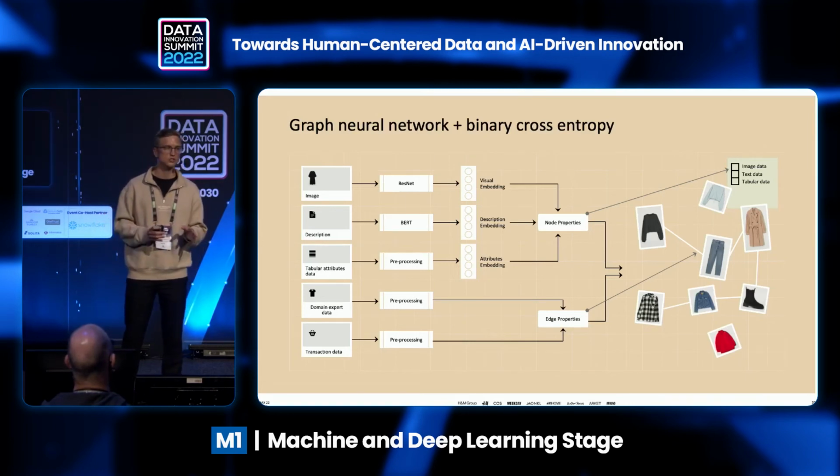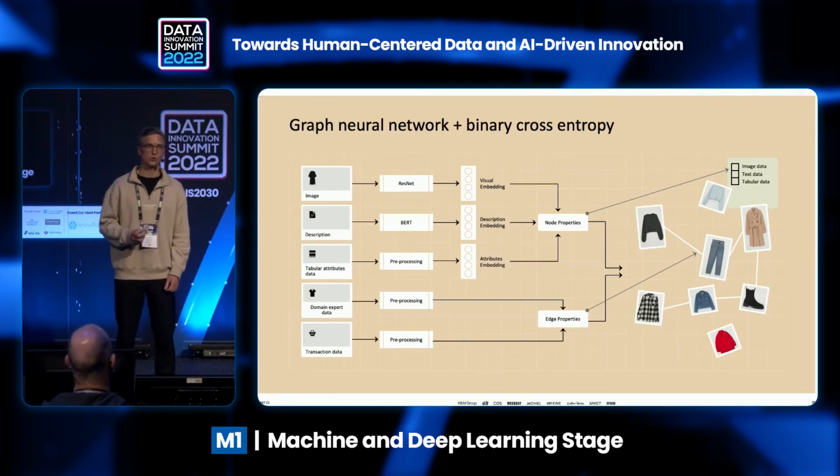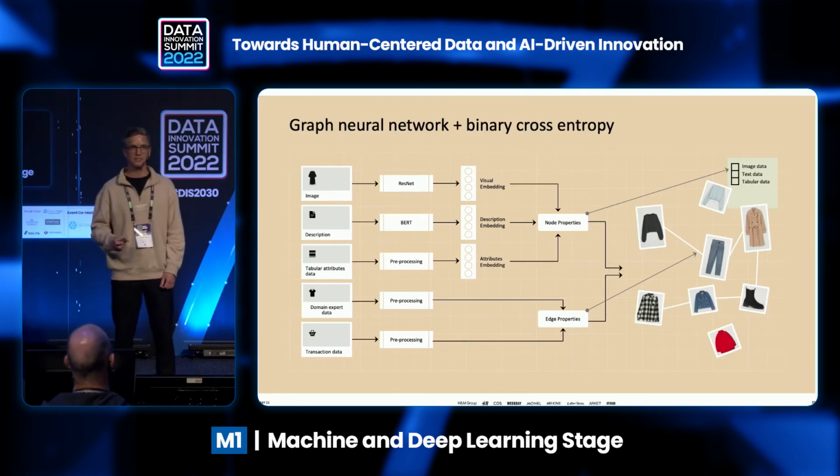Now we have constructed the graph, but we also need some more information about each and every one of these articles. So what we need to do is to create a one-dimensional vector with these encoded versions. So we encode our image data, our text data, and some tabular data.